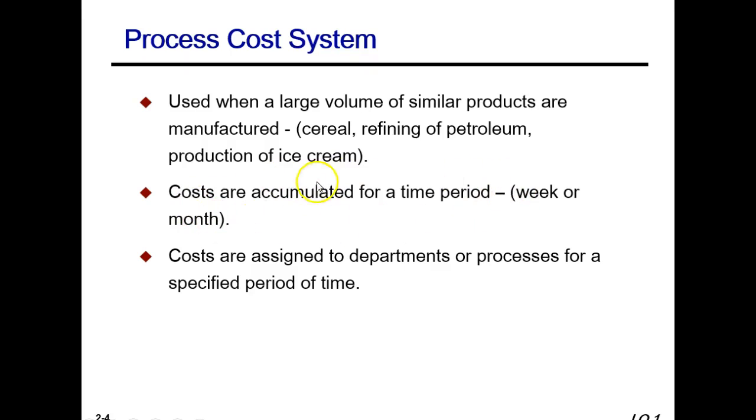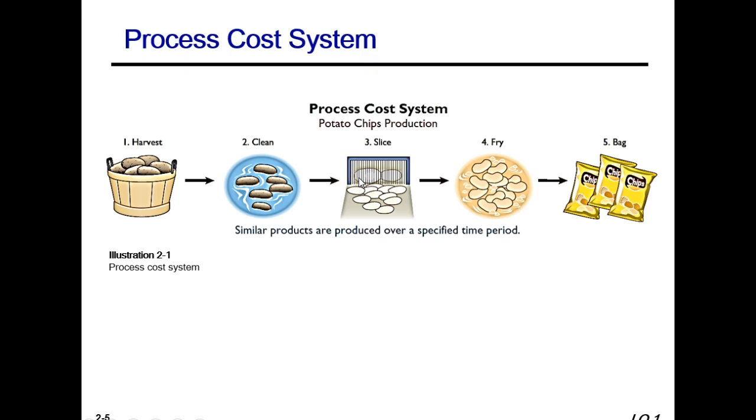Costs are accumulated for a period and then they get assigned to departments or processes. For example, when we're dealing with vegetables, you harvest them, you clean them, you slice them, you fry them, you bag them. One bag is going to be identical to the next bag, okay? It should be.